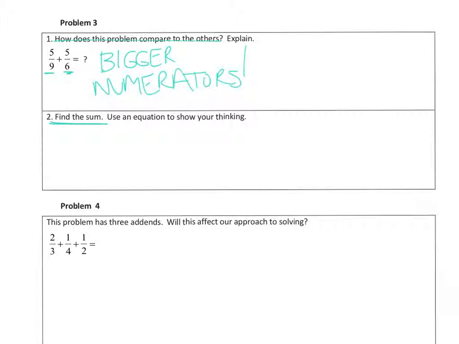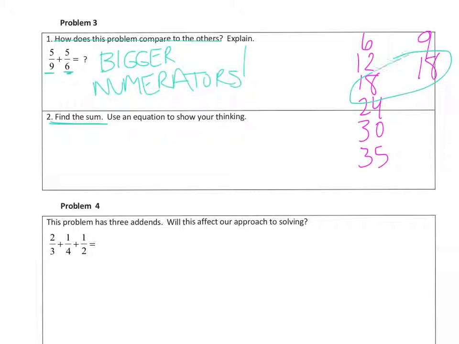We'll count by 6s: 6, 12, 18, 24, 30, 36. Okay, and then we'll count by nines: 9, 18. Stop right there, because look, I have 2 numbers that match. So it looks like I will be turning my fractions into 18ths.